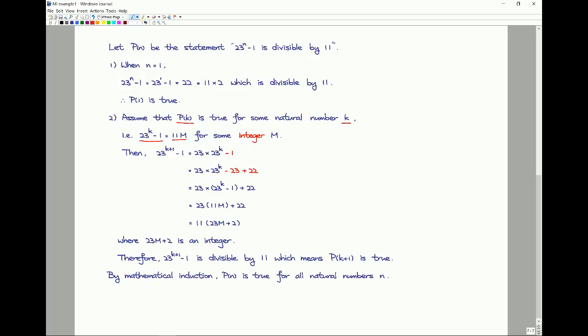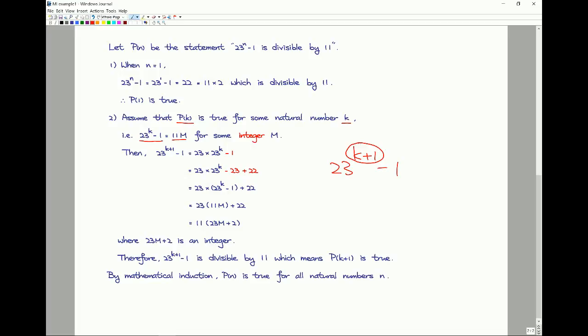And it is exactly what divisibility means. Then we have to show that Pk+1 is true, which means that 23 to the power k+1 minus 1 is divisible by 11. As you can see, the power is k+1.